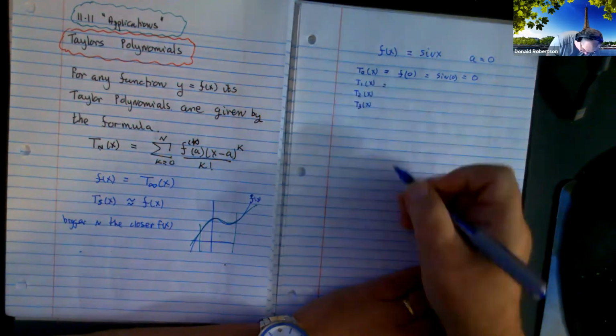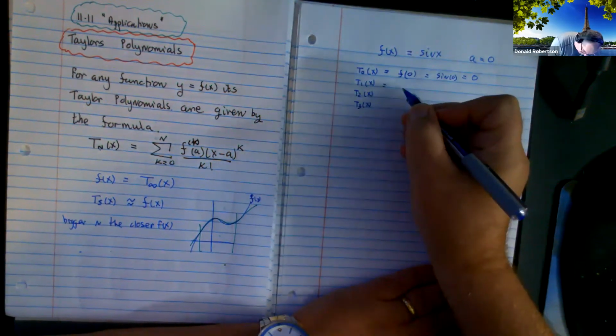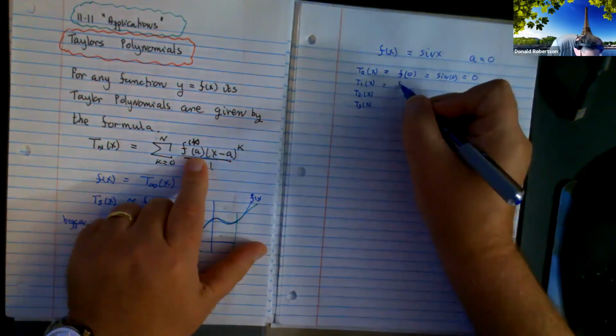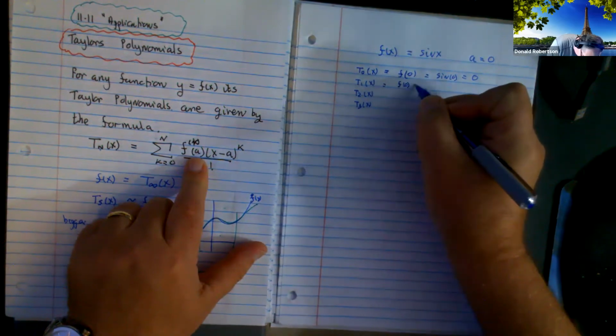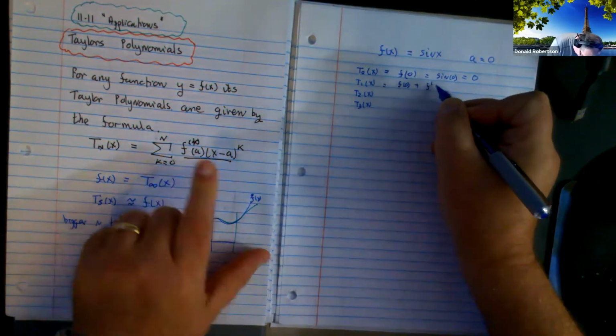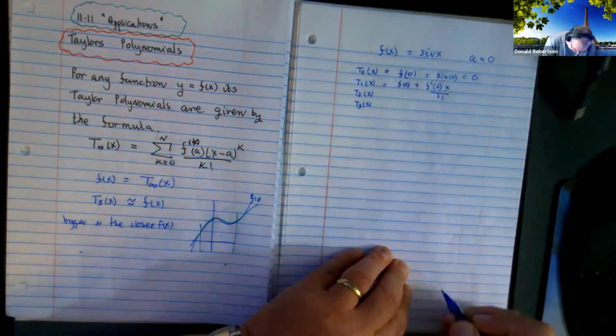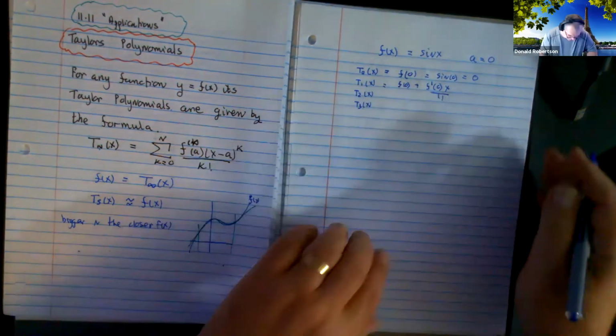t1 of x then is going to be f of 0 plus f dashed of 0 x over 1 factorial. And I just realized I have to do something here. I apologize. We need to know what all these derivative guys are, so I'll write them over here.